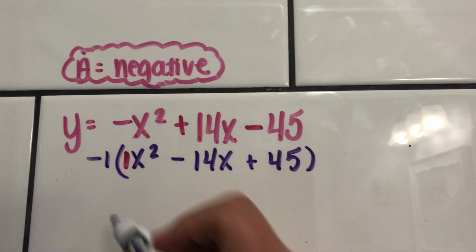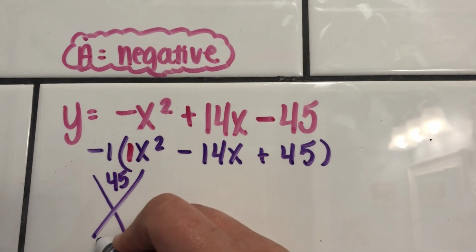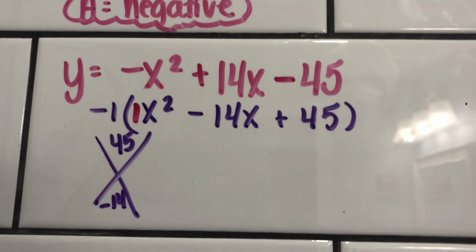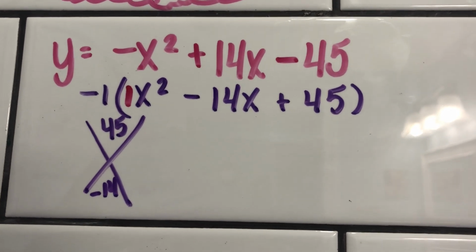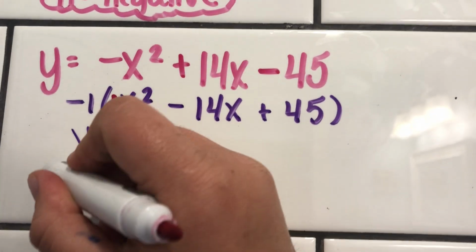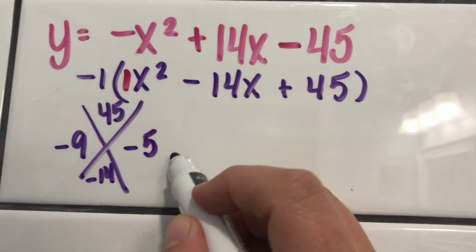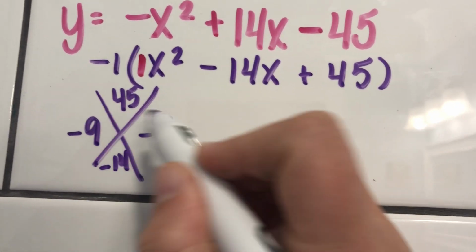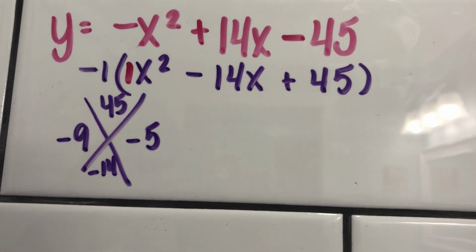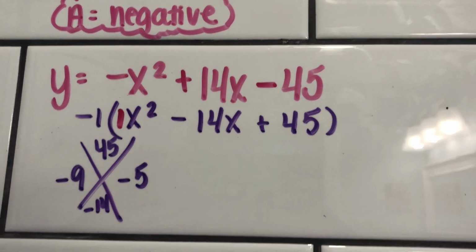I can just go right to my x and say 45 and -14, and I'm looking for what two numbers multiply to 45 and add to -14. And I know that's -9 and -5. If I multiply them, I get +45. If I add them, I get -14. And again, because I factored out that -1, I don't need to worry about the split method.